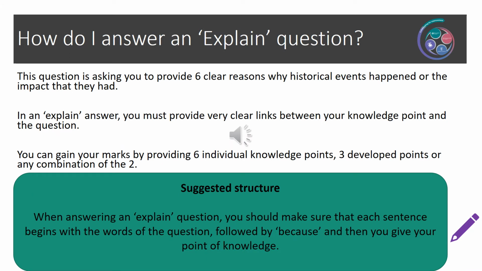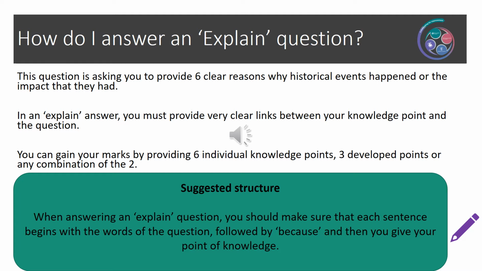We're now going to take a more detailed look at an explain question and how you go about answering an explain question. What this question is asking you to do is to provide 6 clear reasons as to why historical events happened, or explain the impact that they had. The main difference between a describe and an explain question: in a describe question, all you have to do is give the facts.